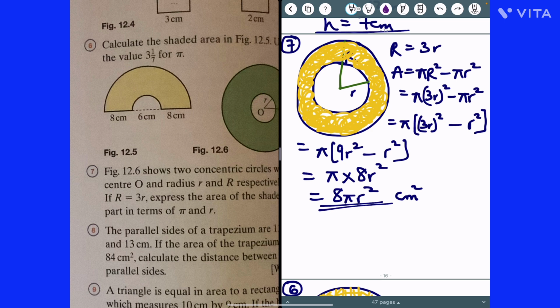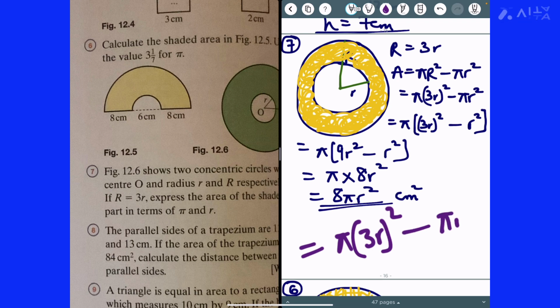So area of big circle, pi R squared, minus area of small circle, pi small r squared, is pi, anywhere we have R, we just put 3r. Let me show you here. Pi, instead of writing R squared, I'm just going to write (3r) squared, then minus pi r squared.